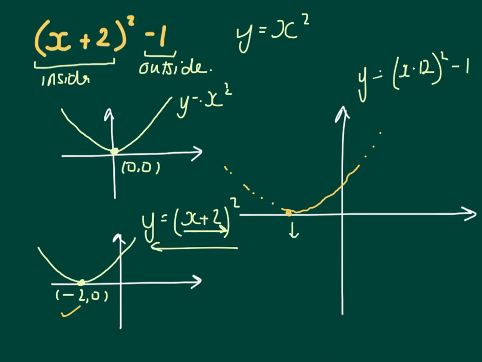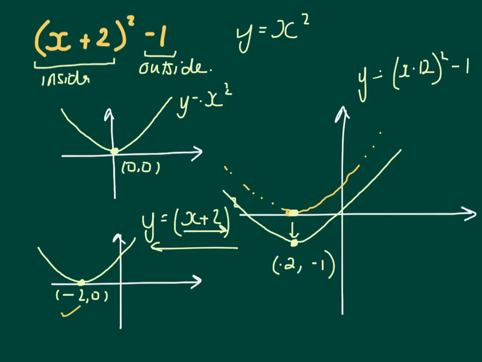So this one is going to go 1 down. Now where has that point moved to? Well, it hasn't moved any distance on the x-axis, that's still minus 2, but it's now gone from touching the x-axis to going down 1 in the direction of y, so our y value must have gone down to minus 1. And there's that minimum point.